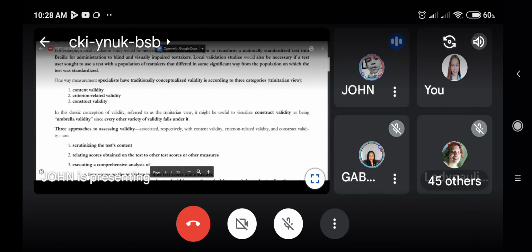So in this case, you need to see the relationship of an obtained score to another construct or to a predictor. Let us say you had an ability test. Asan mo siya pwedeng i-compare na construct? Perhaps you can compare it with the grades or with the GWA of that particular person. So in that manner, you are doing this criterion-related validity.